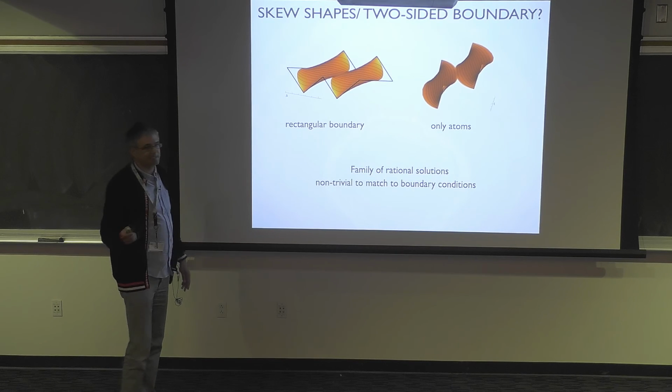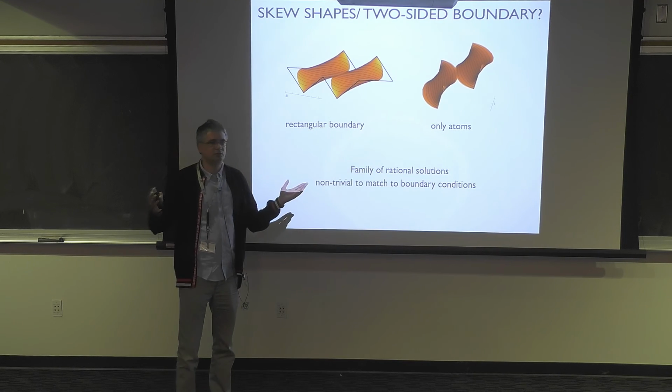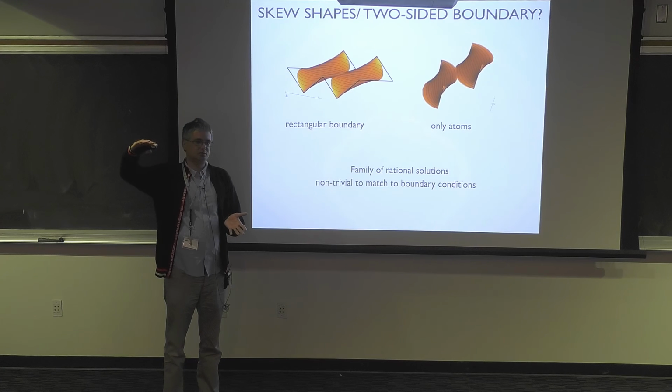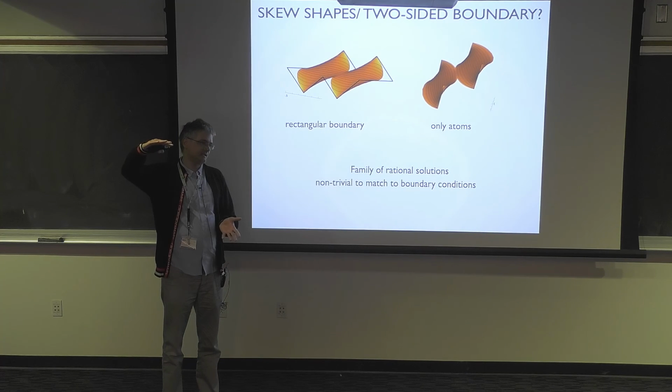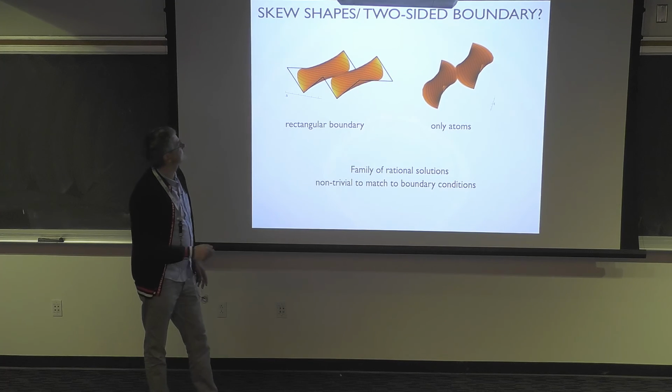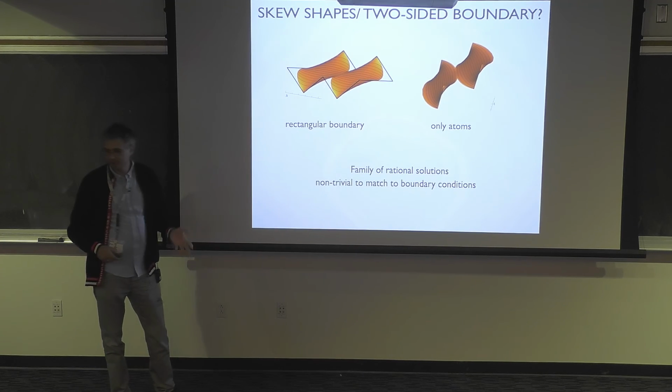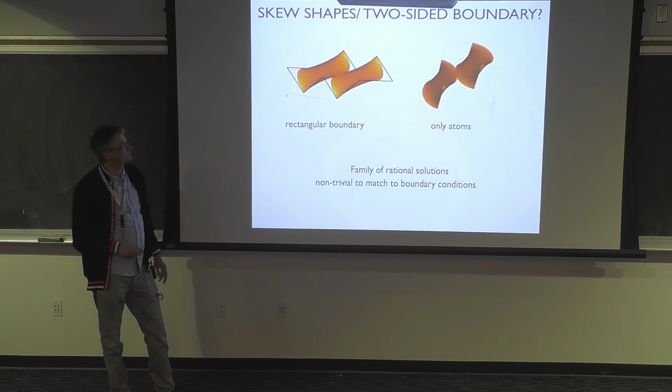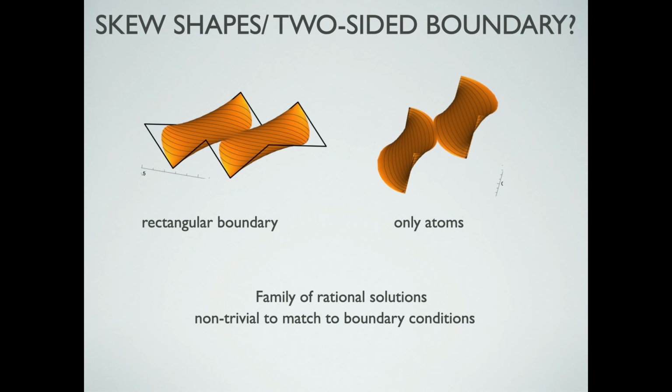So one can then ask, okay, we prescribed arbitrary boundary condition, but only on one side. So what if you do two-sided boundary condition? So in the Young-Tableau case, this will be skew shapes, or more general non-intersecting Brownian bridges. So kind of the analog of this extremal boundary conditions is that we have rectangular boundary, or in the case of the Brownian bridges, only atoms.